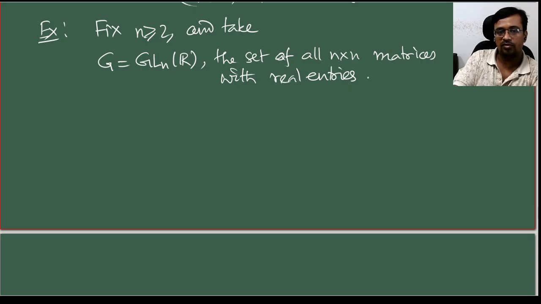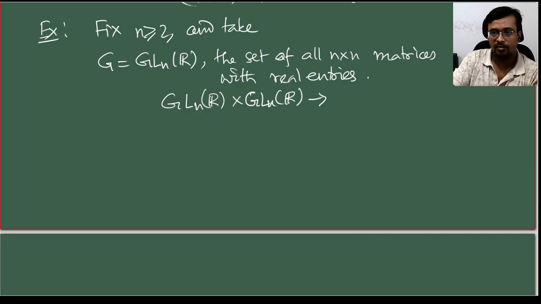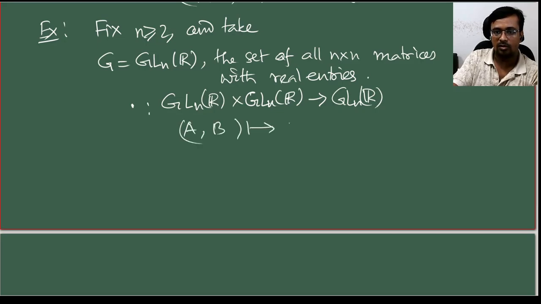Now you define the multiplication operation on matrices. So then you get a binary operation GLn(R) cross GLn(R) to GLn(R), the multiplication of matrices, (A, B) goes to AB, right?